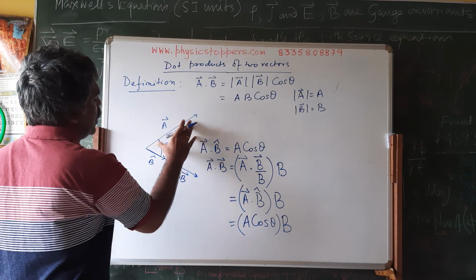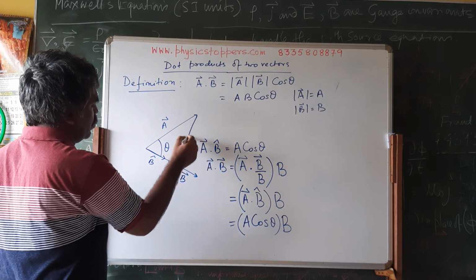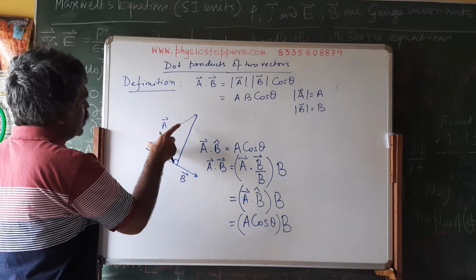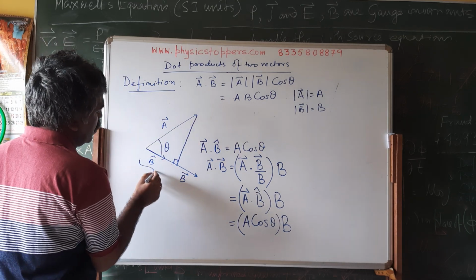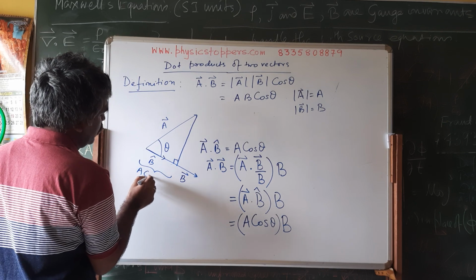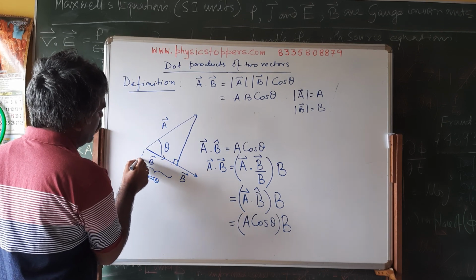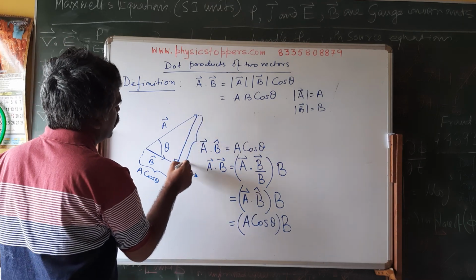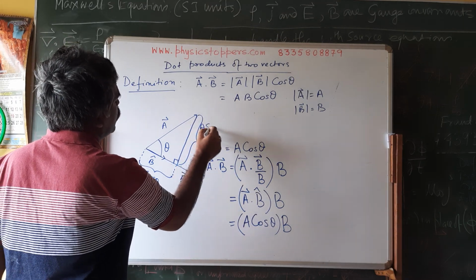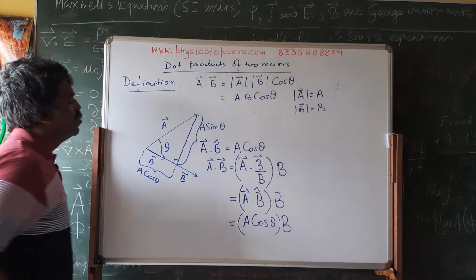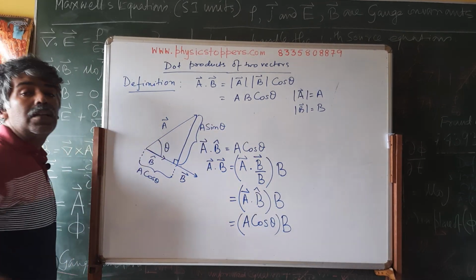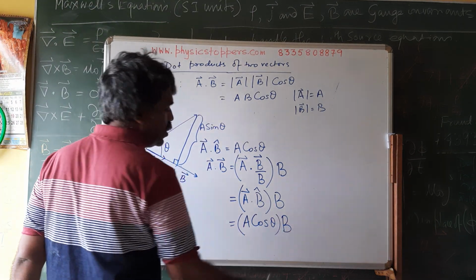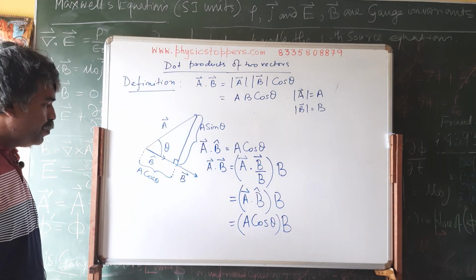If this length is A, and you drop a perpendicular here, at 90 degrees, you know by components that this is A cos theta, and this length is A sin theta. So it's A cos theta times B.